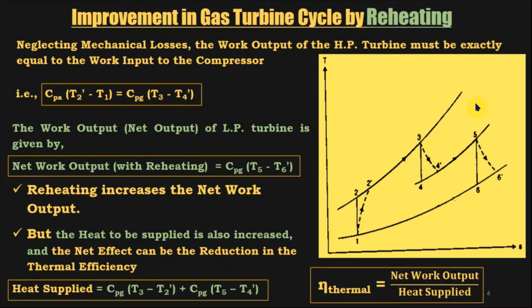Similarly, this is the higher pressure line, where the pressure is equal to P2, which is the same as P2 dash and P3. And the intermediate pressure level after the first stage expansion in the high pressure turbine is at P4, which is equal to P4 dash, and that is equal to P5. That is the intermediate pressure level.